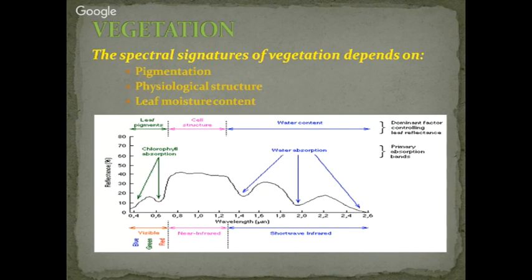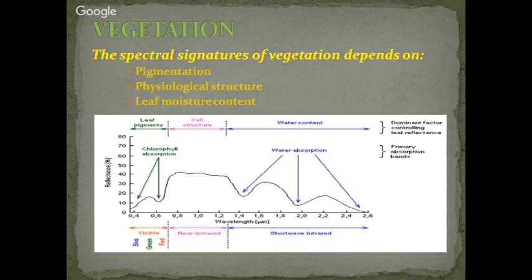These three factors influence the spectral response of any vegetation. From this graph you see we have reflectance values on one axis, that is how the vegetation reflects, and on the other axis we have different wavelengths measured in micrometers.